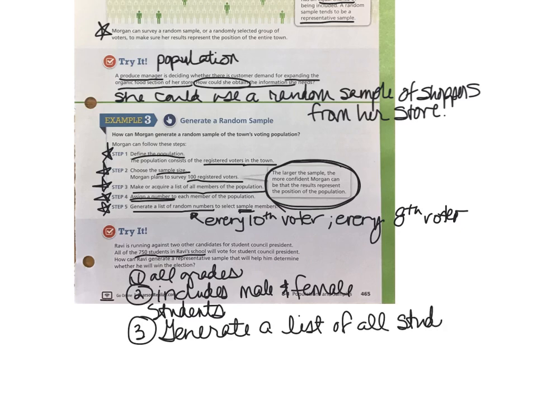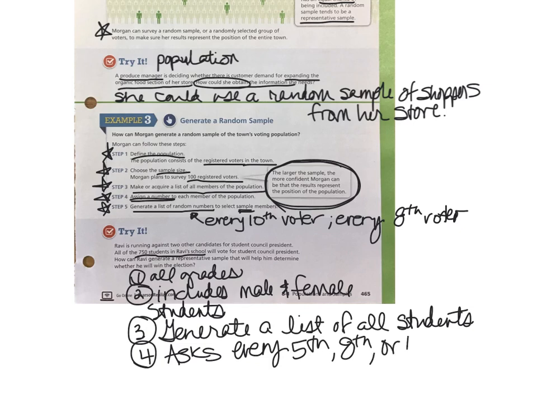And after he does that, perhaps he waits at the door as students are entering the building, and he surveys every 5th, 8th, or even 10th student who walks in the morning.